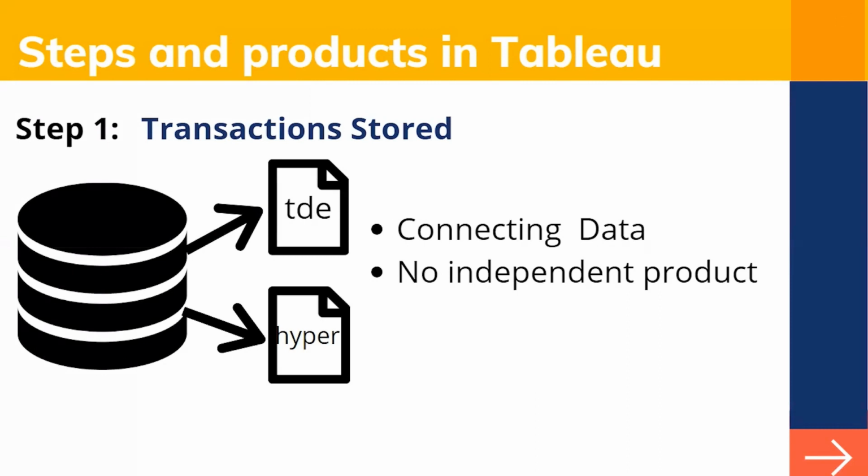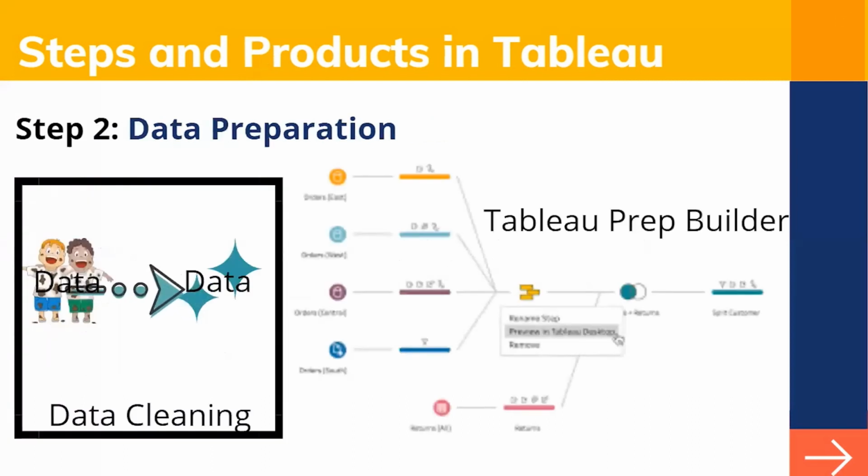And also there is one thing called Hyper. As far as this responsibility is concerned, you do not have any special or independent product which is going to take care of these things. Okay. But this is the first ideal step, and you need to remember the different types of file systems. Fine.